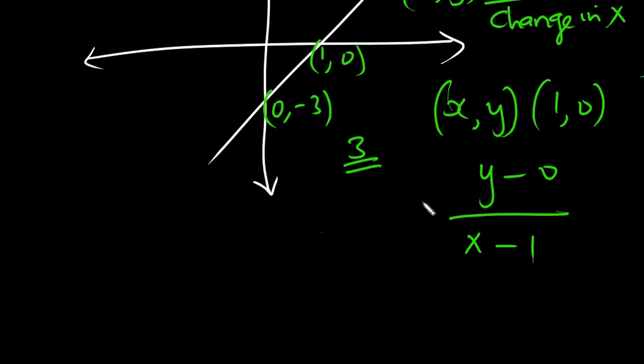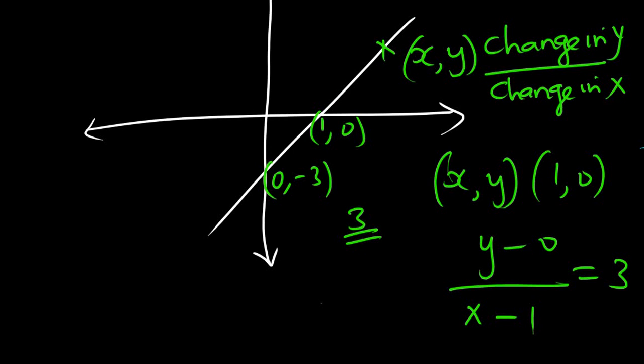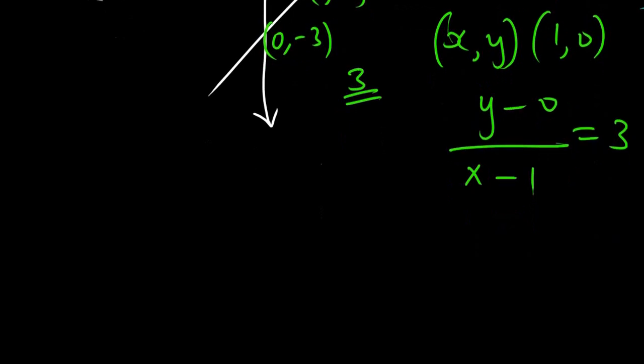We equate this to 3 because it is the same as the gradient. Remember, you can find the gradient using any 2 points, and they should give you the same answer. That is why we are equating it to 3.